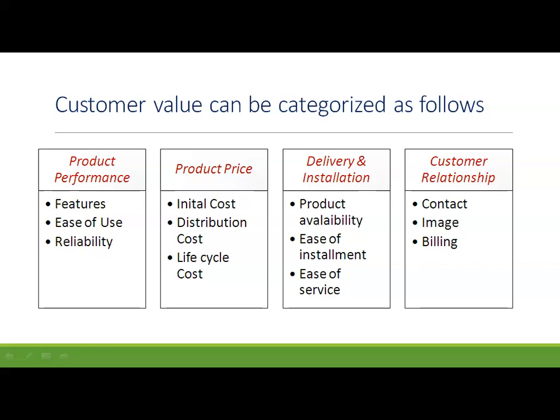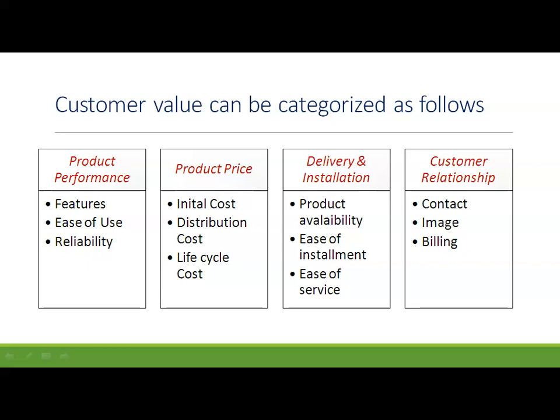At each and every stage of the life cycle, there can be different prices for the particular product. So that is called life cycle cost. This is associated with product price, and again, ultimately product price is related to customer value.